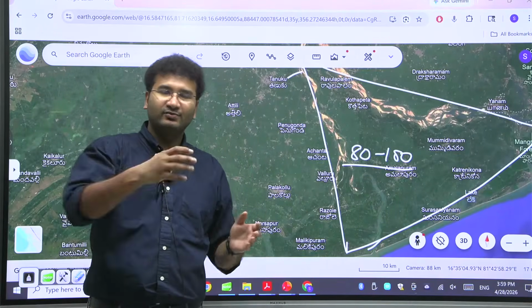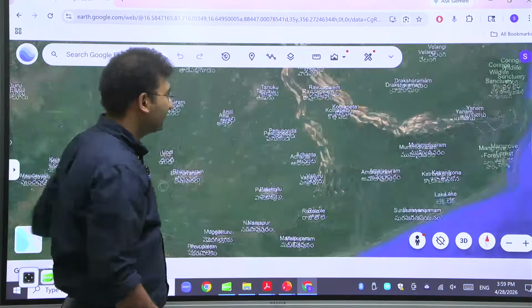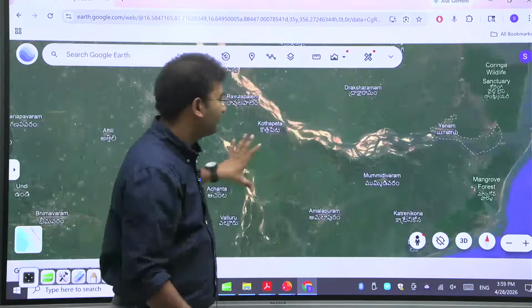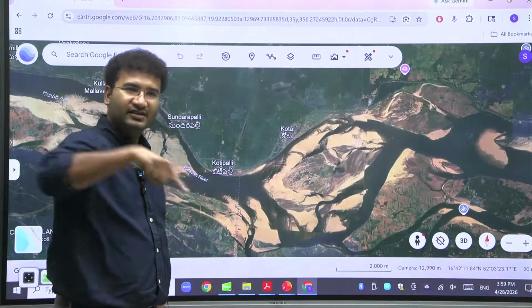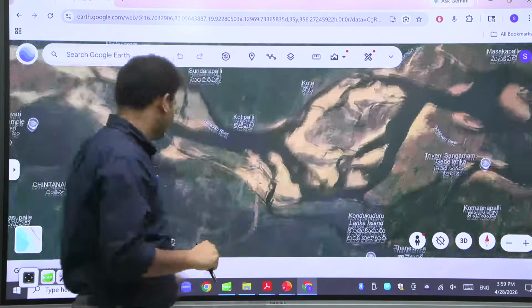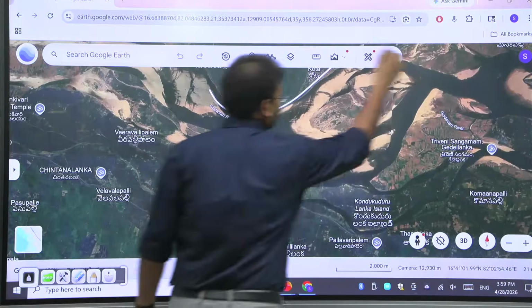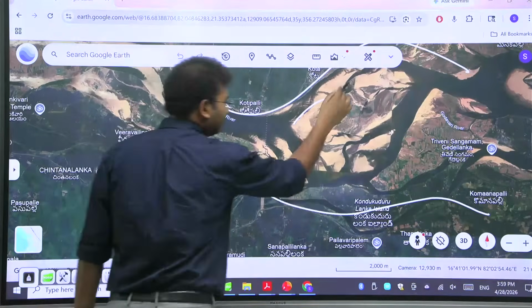So if the river is moving faster, it will erode. Can I say that this is where deltas are formed? Look at this. If I zoom in, depositions are many. Do you have one single stream there? But here, not one branch of a river, multiple branches.